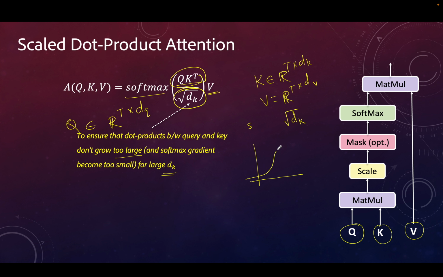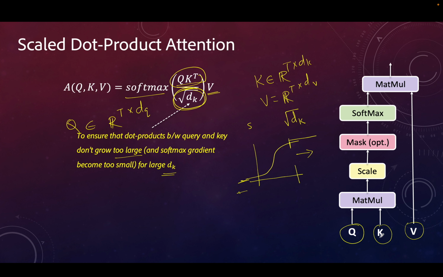It's a curve like this which tends to flatten after some large value of input. Similarly, it flattens out for very low values. So to make sure that the value does not become very large or very small, we are normalizing it by dividing with the square root of dk.